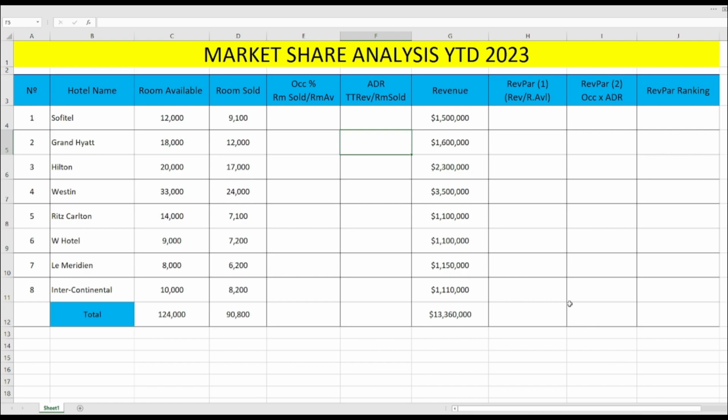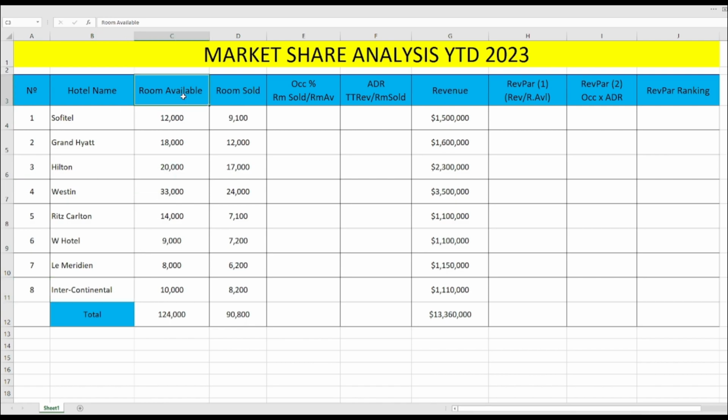From this report, you will see there are 8 hotels. Number 1 is Sofitel, number 2 is Grand Hyatt, number 3 is Hilton, number 4 is Westin, number 5 is Ritz-Carlton, number 6 is W Hotel, number 7 is Le Méridien, number 8 is Intercontinental Hotel.